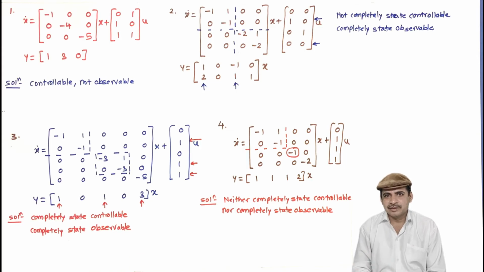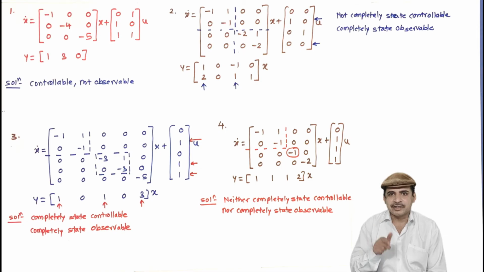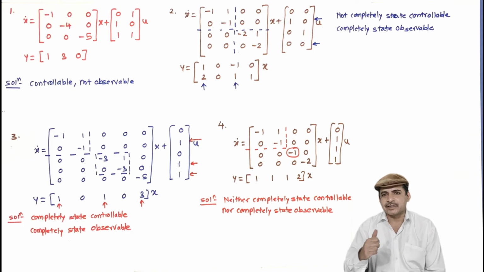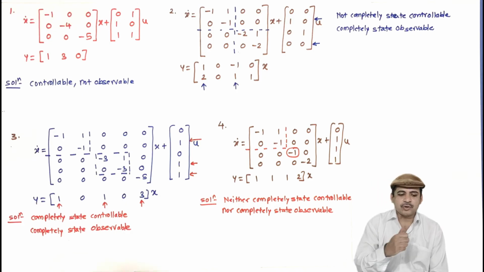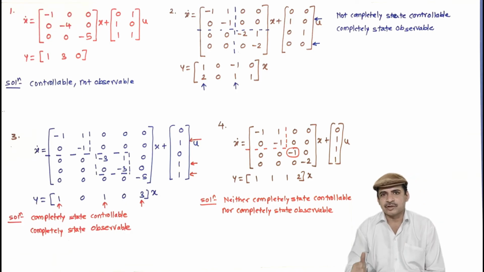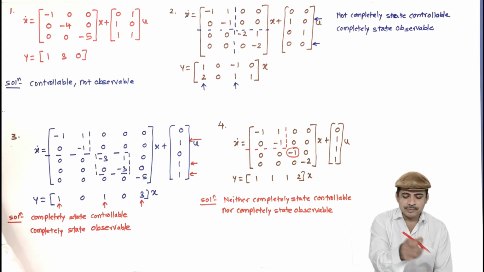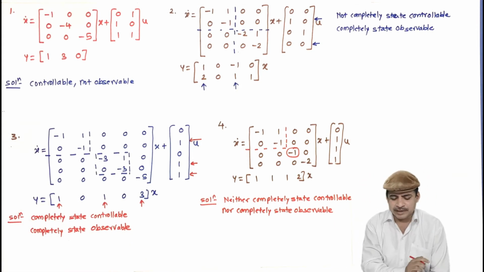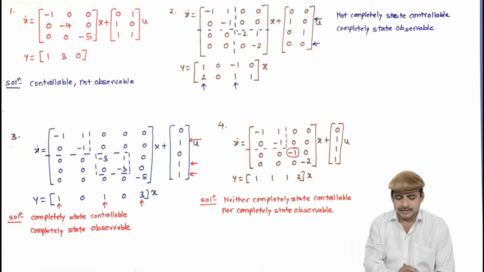On the contrary, the Gilbert test does not require any calculation, but the condition is that the system must be in canonical form. Now I will make one more point, why the controllable canonical form is called controllable canonical form and the observable canonical form is called observable canonical form. I will make some remarks on that. In fact, we have not validated it, however we can validate it.